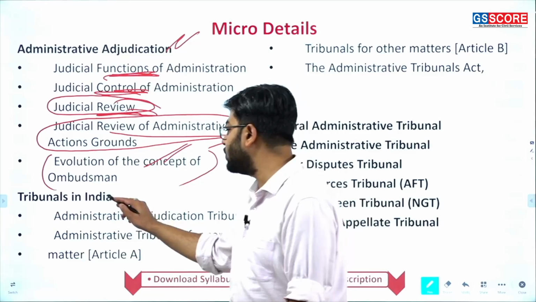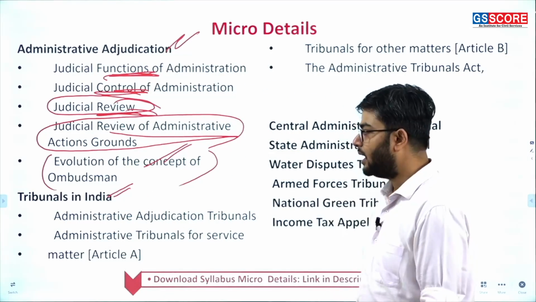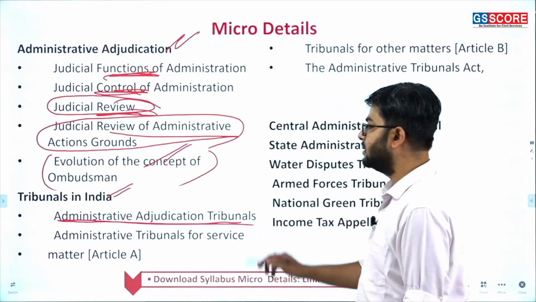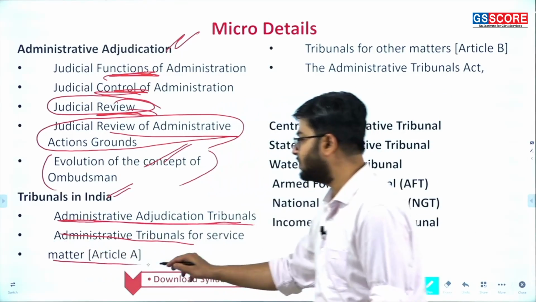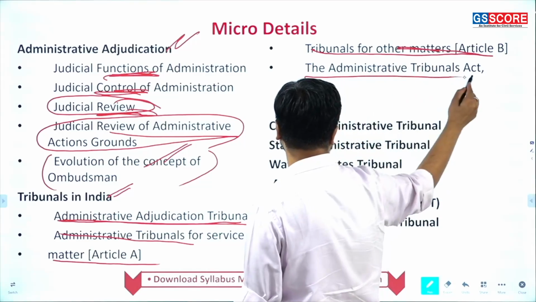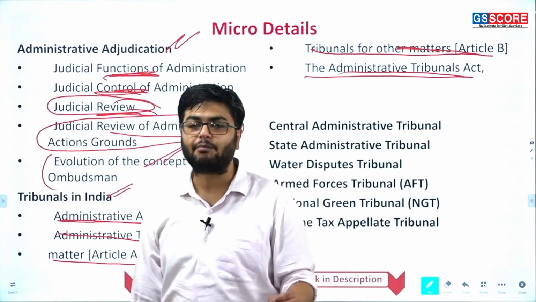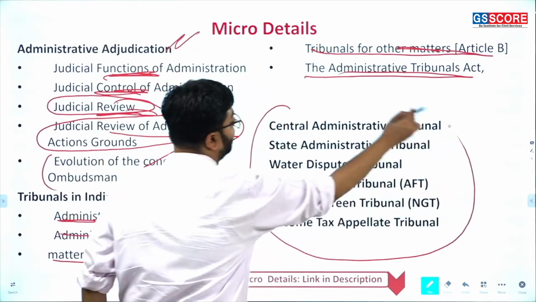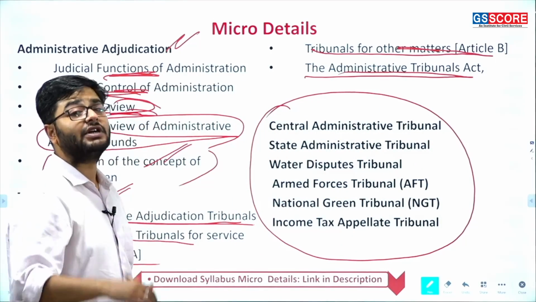Similarly, the tribunals in India, and how administrative adjudication tribunals work, for service matters and for other matters, and the legislative backbone behind it. Here I have given some examples for you in terms of certain tribunals.